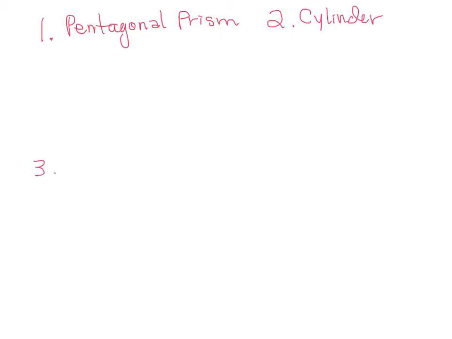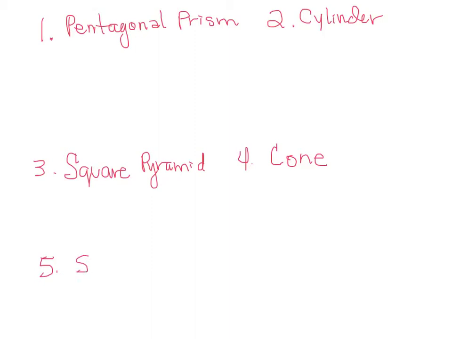Number 3, the net for a square pyramid. The net is what makes it come together to the shape. Number 4, the net for the cone. And the last one, very interesting one, is the net for the sphere. Let's see how that is.